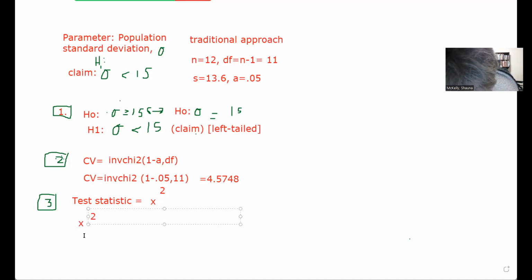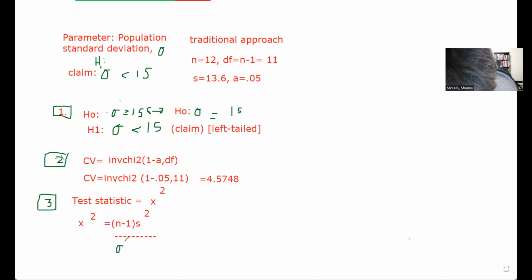Chi-squared is equal to, and remember, this is a fraction, so this is going to be n minus 1 times s squared, then I'm going to have sigma squared down below it.